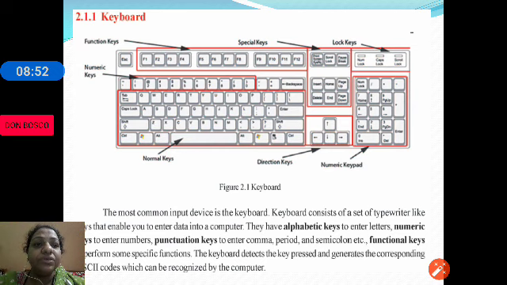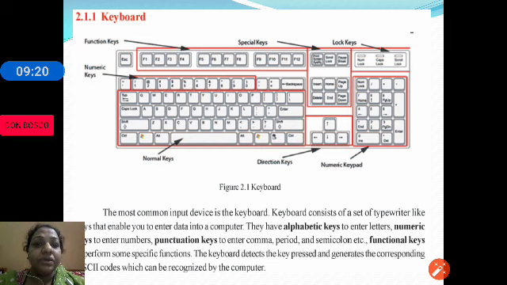Keyboard is the most commonly used input device. Keyboard is very similar to a typewriter. It helps the user to type the data, enter the data into the computer. So they have alphabetic keys, that is A to Z keys, and numeric keys, that is 0 to 9 digits.